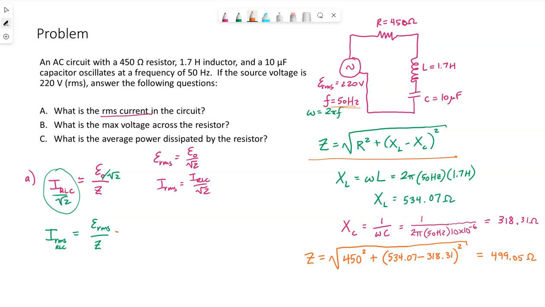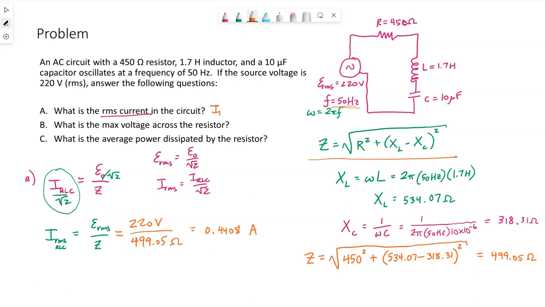The overall current then can be calculated by relating these ohms to the source voltage. Again, we've already divided by the square root of 2 on both sides so that our equation is RMS. The problem gave us the source voltage is 220 volts RMS. We've now calculated the overall impedance, the overall ohms. So I'm getting 0.4408 amps.